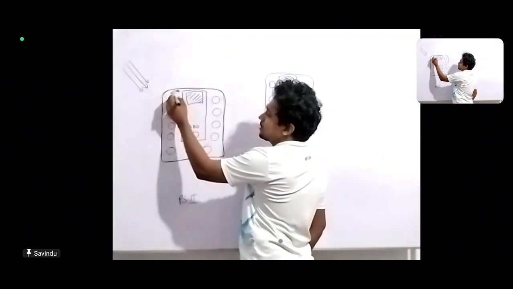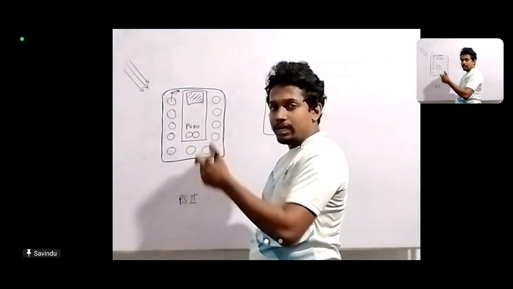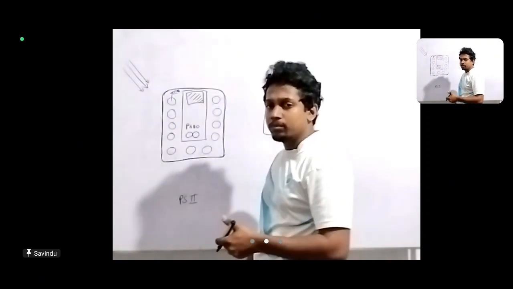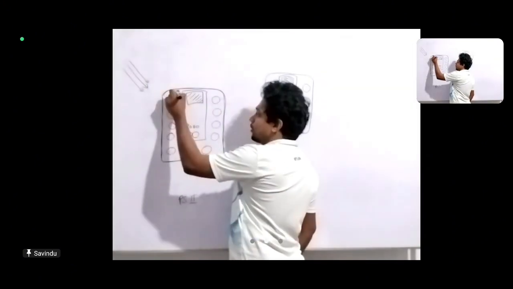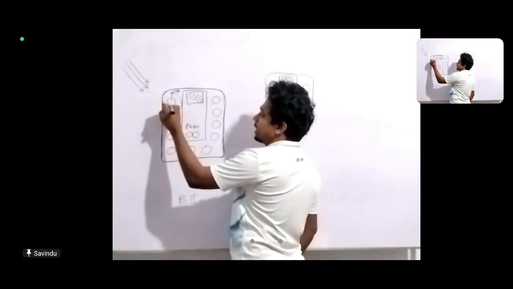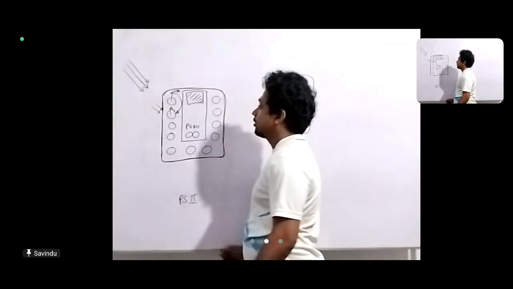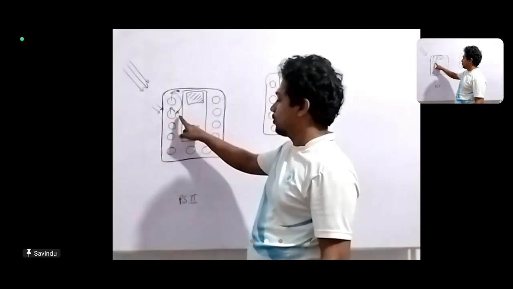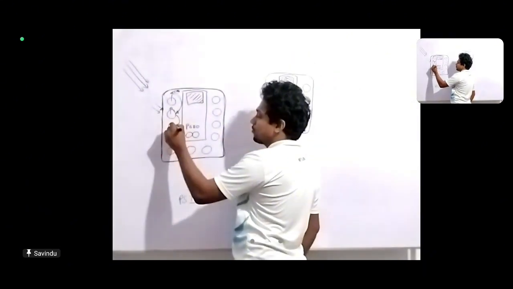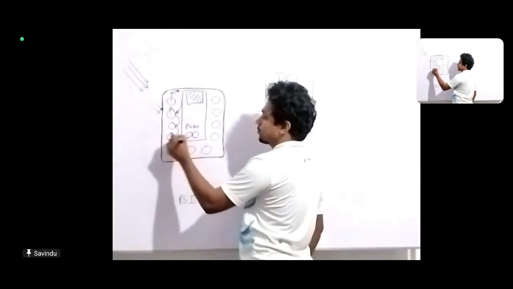So what happens when something goes to a high energy level? They try to release the energy and come back to the normal state. So this electron releases energy to the next one, but that one is also excited. So the energy jumps from here to here, and finally to the P680 molecule.